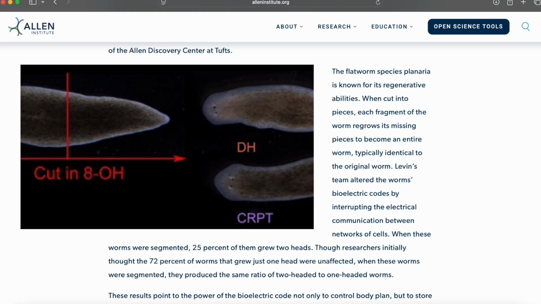When these worms were segmented, 25% of them grew 2 heads. Though researchers initially thought the 72% of worms that grew just 1 head were unaffected, when these worms were segmented, they produced the same ratio of 2-headed to 1-headed worms.